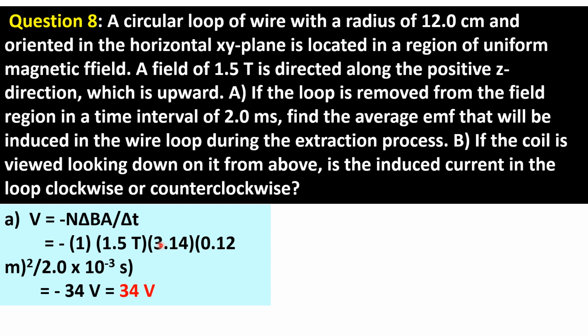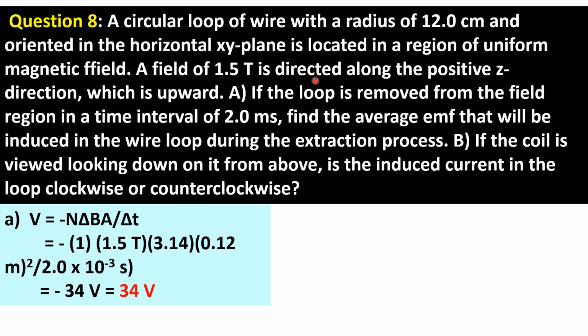So, with three significant figures for the value of pi, we have 3.14 multiplied by the given radius already in meters, 0.12 meters. That still has to be squared before you divide it by the time interval, also already expressed in seconds.